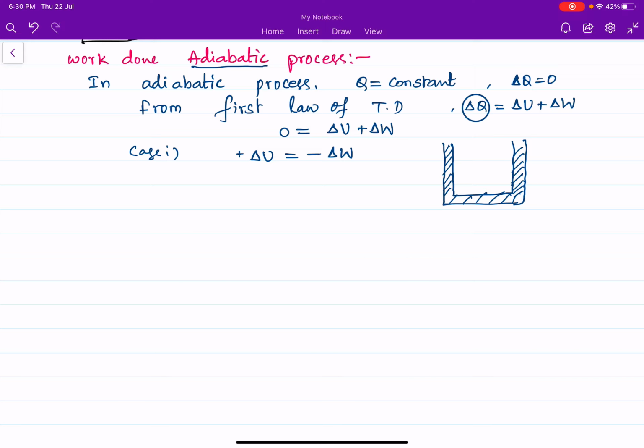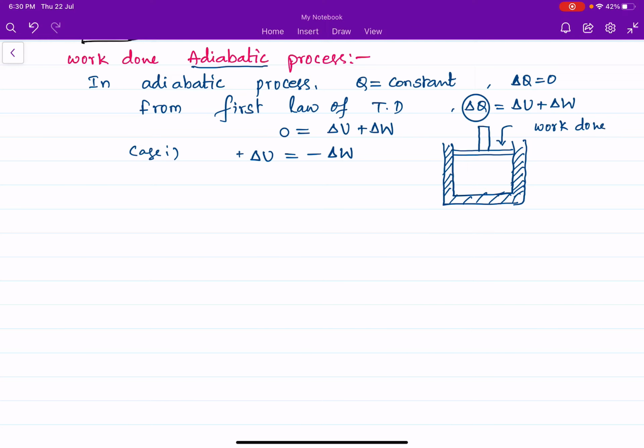That means there is no exchange of heat energy between system and surroundings.